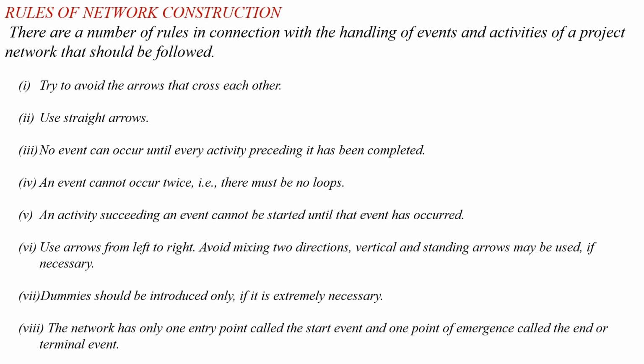We already discussed this in the redundancy error, so unnecessary dummy activities should be eliminated. Now the last rule: the network has only one entry point, called the start event, and one point of exit, called the end or terminal event. So these are the rules for network construction. Thank you.